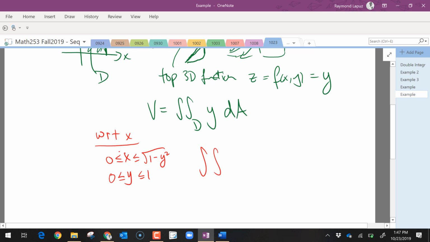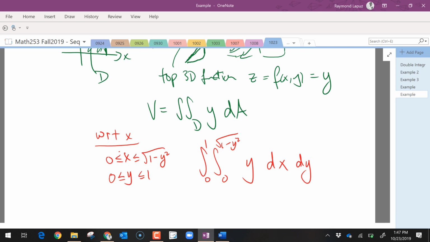Now you have your integral: with respect to x first, going from 0 to the square root of 1 minus y squared, and then 0 to 1 with respect to y.